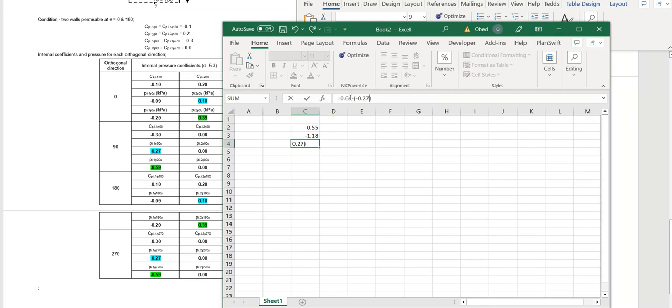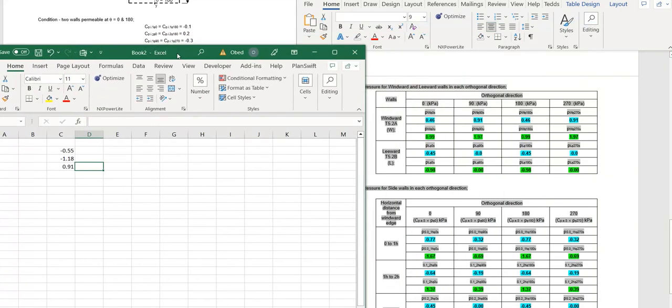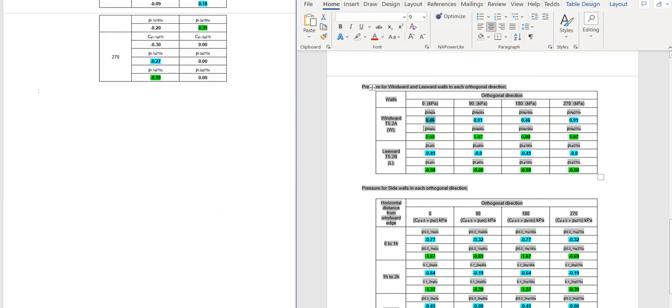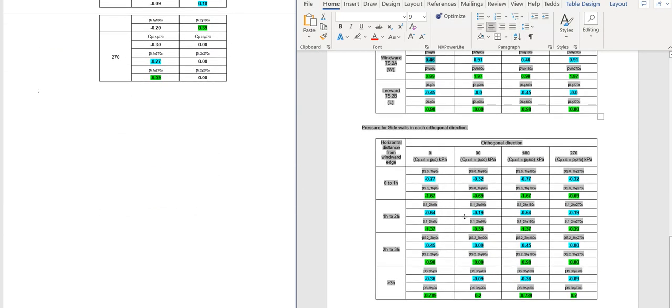Just be mindful, you have to keep the minus sign outside and the negative sign inside. Hit enter, gives me a value of 0.91 kN per meter square. Similarly, do the same steps for all the other values to get the net pressure for the windward side wall at every respective distance for every respective wind orientation.